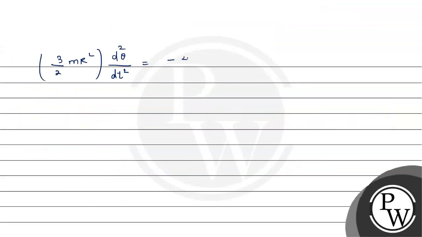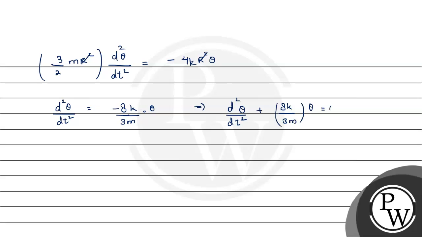It will be equal to minus k r square theta. So from here r square gets cancelled and we get the value of d2 theta upon dt2 equal to minus 8k by 3m into theta. So from here we can write d2 theta upon dt2 plus 8k by 3m into theta is equal to 0.